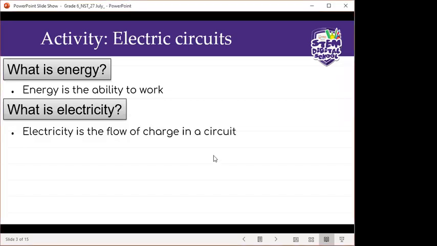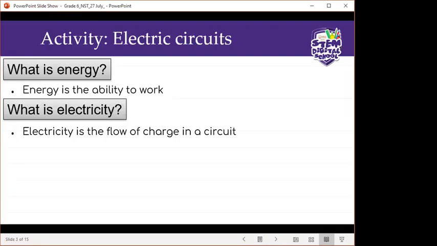Cool. So my answer is that electricity is the flow of charge in a circuit. And you guys actually went an extra mile and explained in greater depth that electricity is a form of energy, hence we started with the first question where I asked you, what is energy? You might have learned from your previous grades that electricity is also a form of energy.